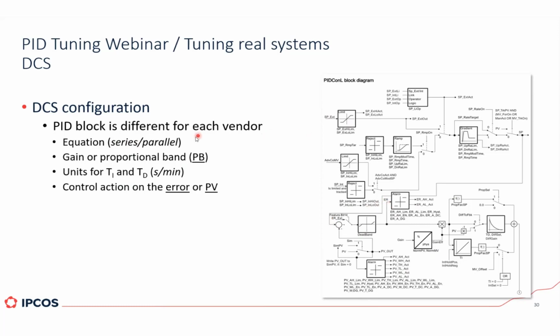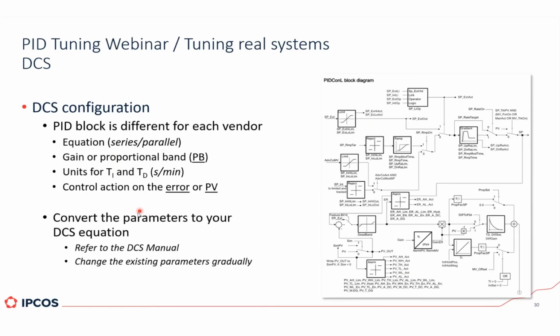The equation that is used can be series or parallel or different combinations. You can have the gain or proportional band, and the units for the integral time and derivative time can also be different. You can have, for example, the action on the error or the action on the PV.